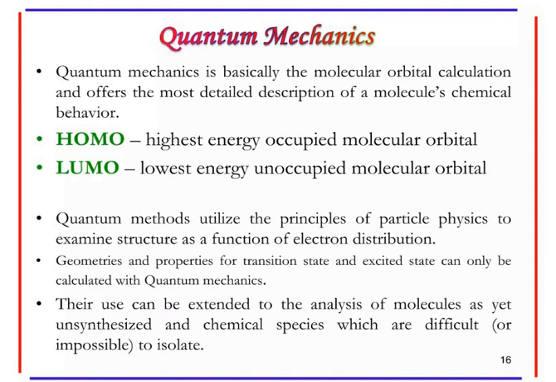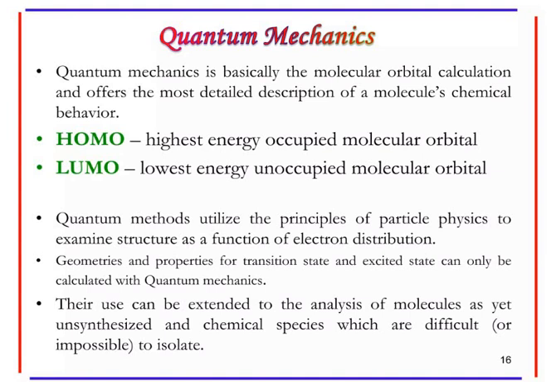So what is quantum mechanics? Quantum mechanics is basically the molecular orbital calculation and offers the most detailed description of molecular chemical behavior, like the HOMO, highest energy occupied molecular orbital, and the LUMO, lowest unoccupied molecular orbital. Quantum methods utilize the principles of particle physics to examine a structure as a function of electron distribution.